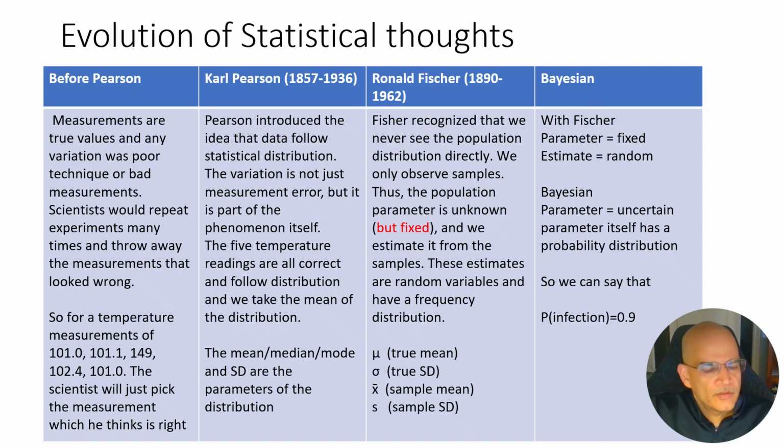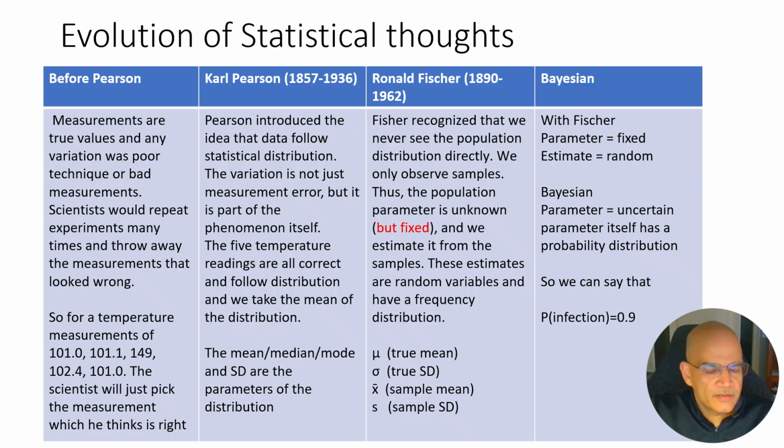We would do a lot of measurements, but we would only take the measurements that we liked, and we didn't use the concept of distribution. So you take a lot of measurements of, say, temperature, and then take the one that you like and discard the ones that you don't like, thinking of them as measurement error.